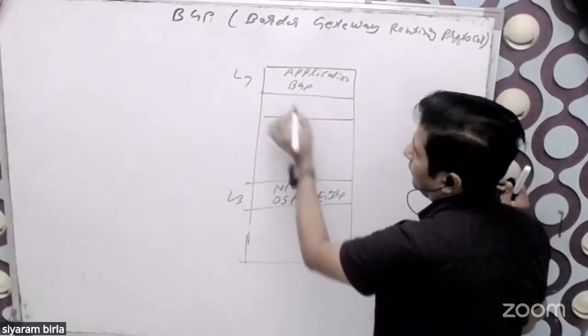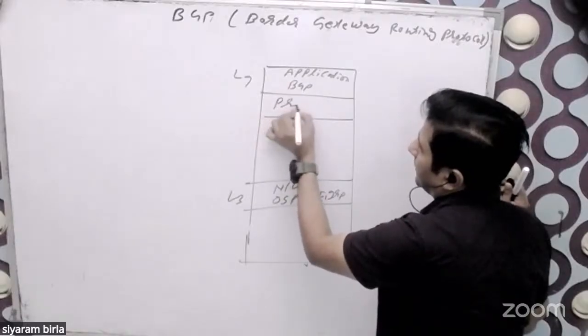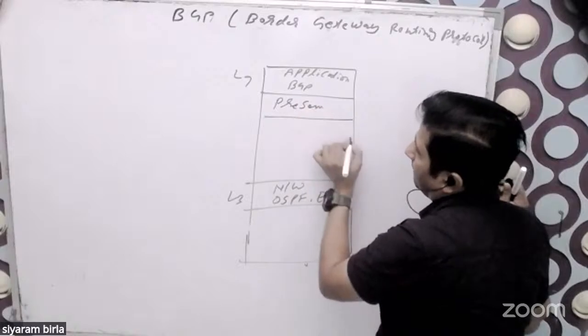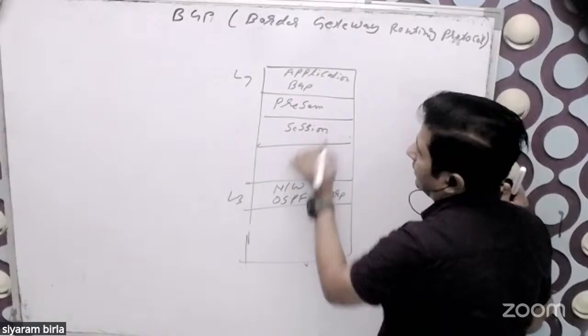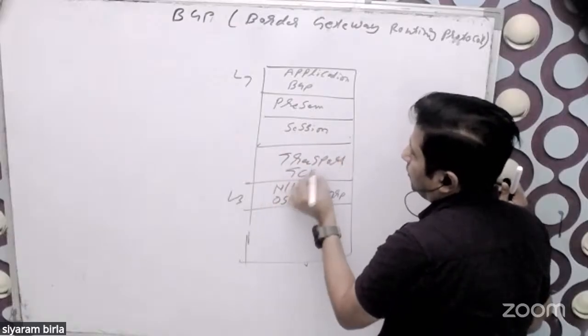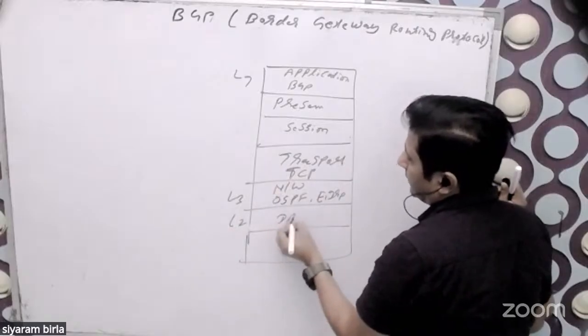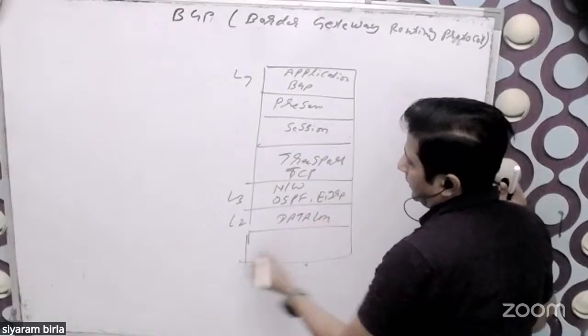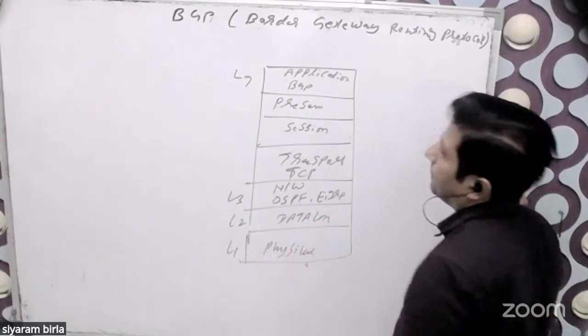And this is BGP. BGP works at the application layer, and this is the presentation layer. This is the session layer, and this is the transport layer, where TCP works. After that, layer 2 data link, and layer 1 physical.